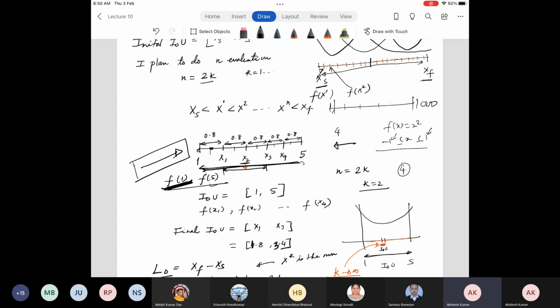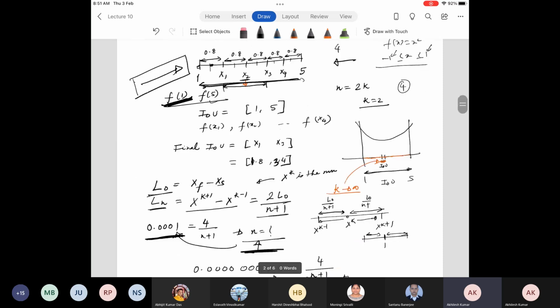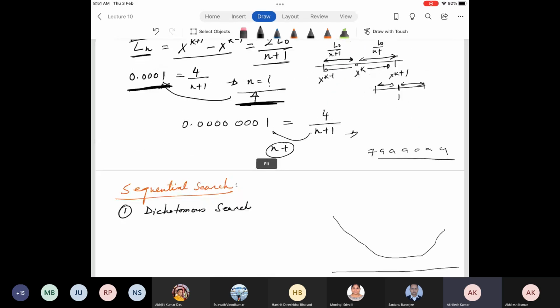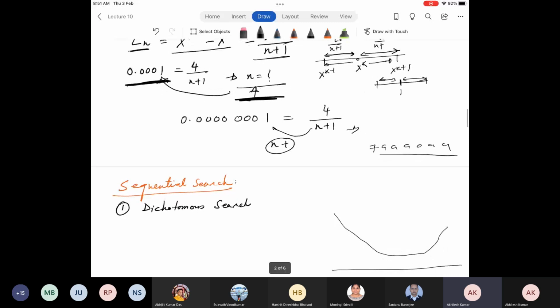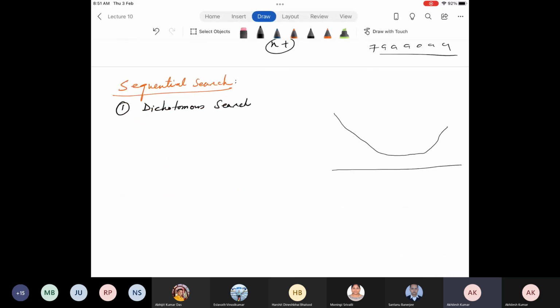So make some evaluation, not a lot, so that it gives you some kind of idea about the function, and then you use a better search method to go with it. Does that make sense? Why do we still study uniform search, given that it is really not a good method to search?